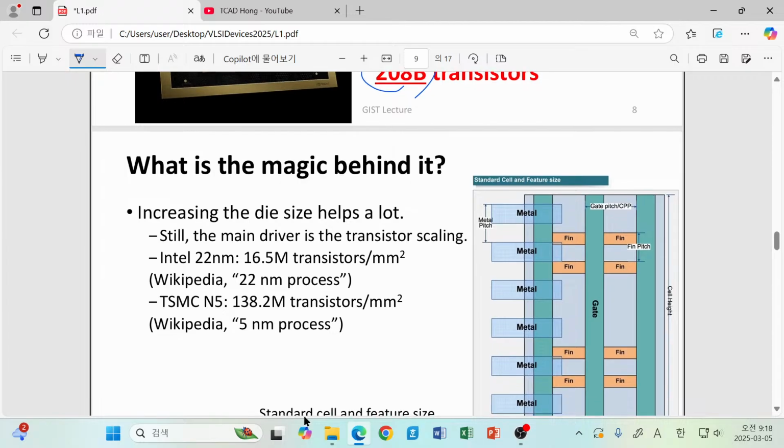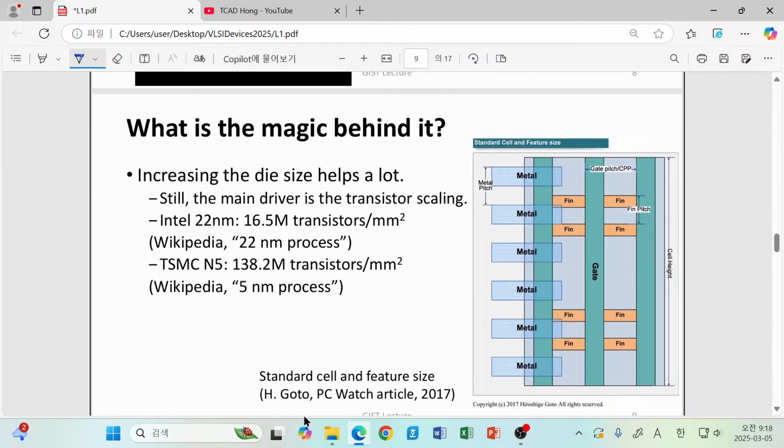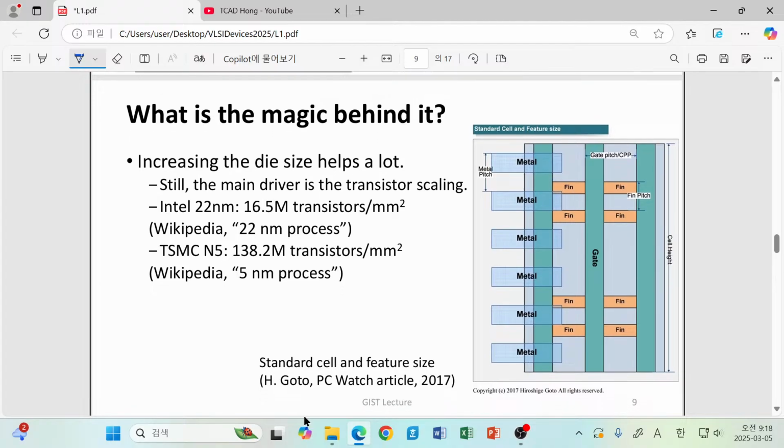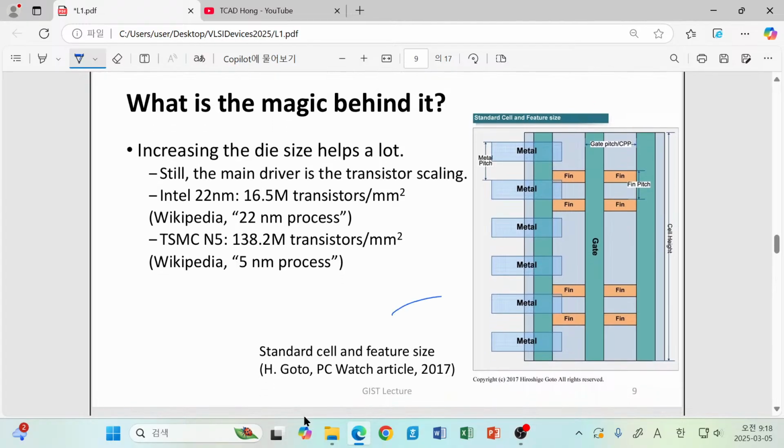So what is the magic behind it? How can we increase the number of transistors so drastically? Please have a look at this diagram. This diagram is the top view of our chip. It's not a real chip, just an imaginary one.